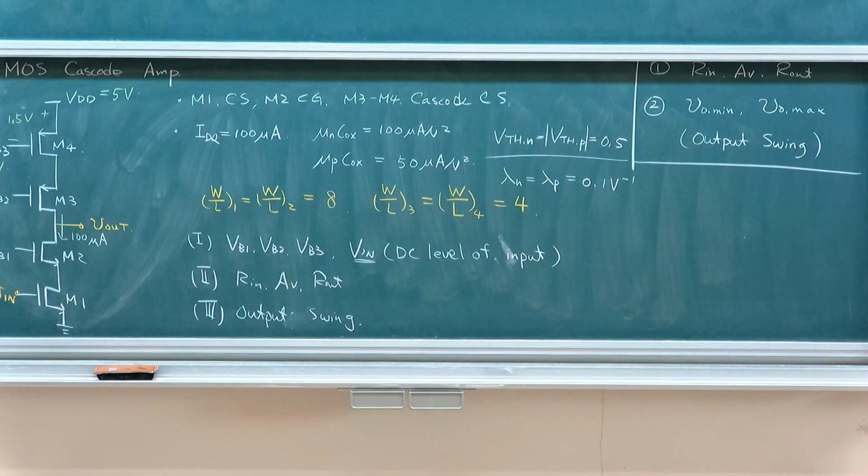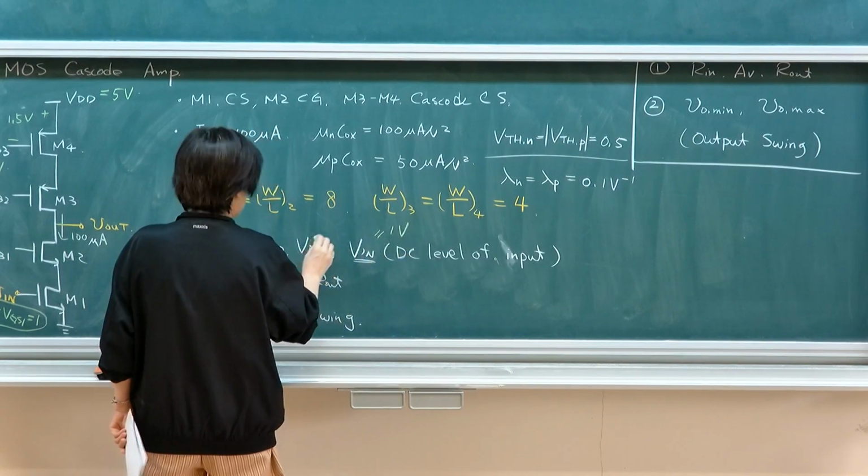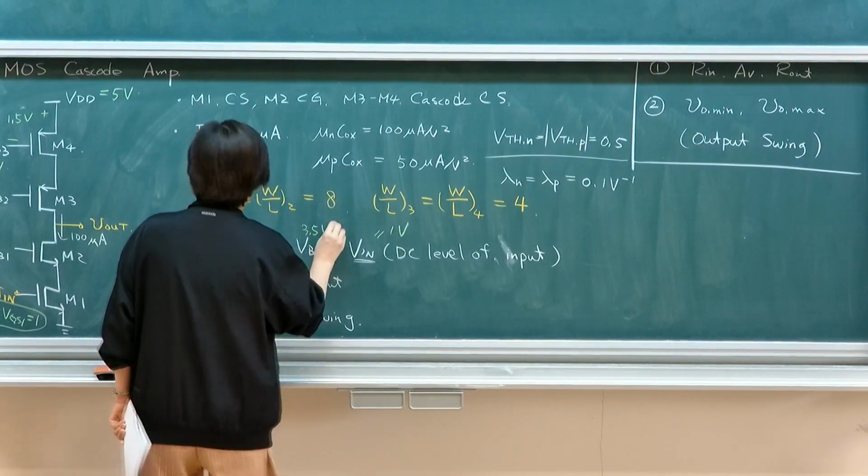This is already known. And we know that Vin should be VGS1, so it's 1 volt. So the Vin DC level is 1 volt, and this is 3.5 volt.